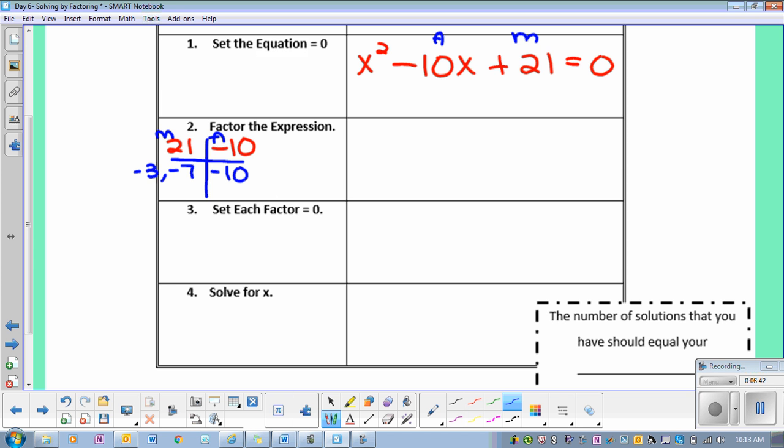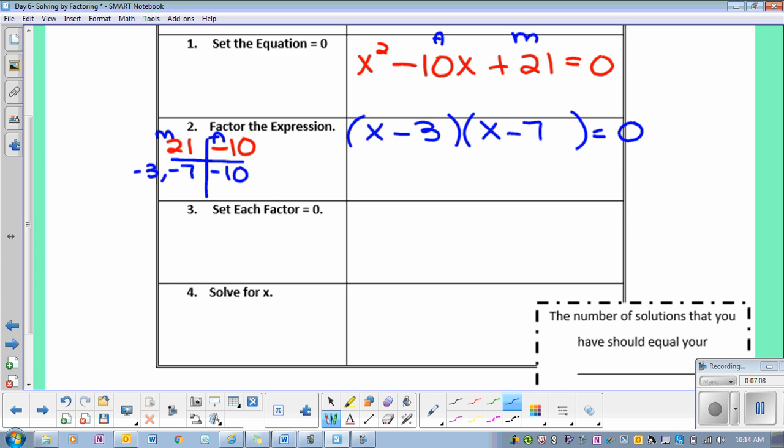-3 and -7 gives me -10. Okay, so since this was just a plain old x squared, I could go straight to my shortcut, right? Double parentheses, x minus 3, and x minus 7 equals 0.